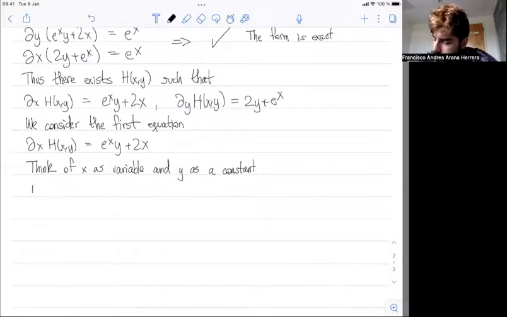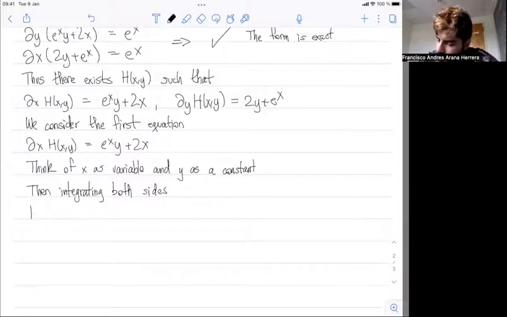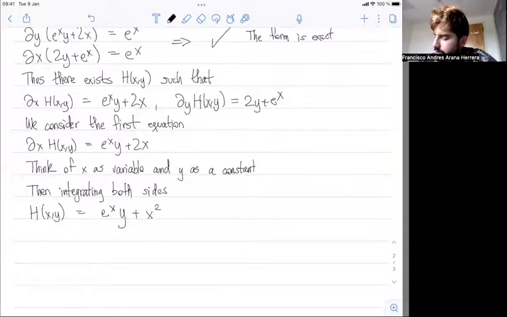So as this is an explicit equation, what we can do is just integrate both sides. Integrating both sides, what we get is that h of xy is equal to the integral of this guy with respect to x. So what's the integral with respect to x? Well, it's e to the xy plus x squared plus a constant.